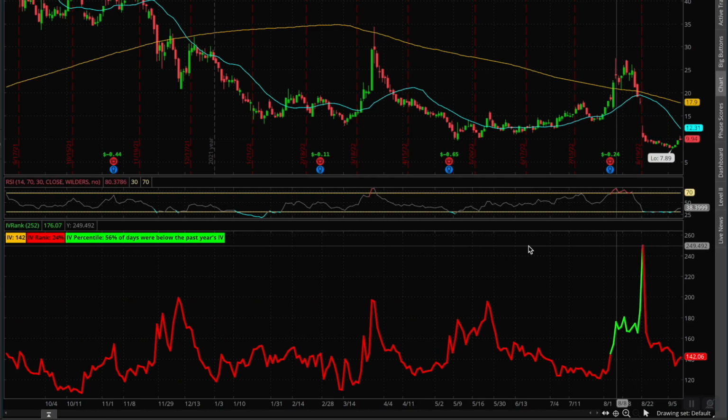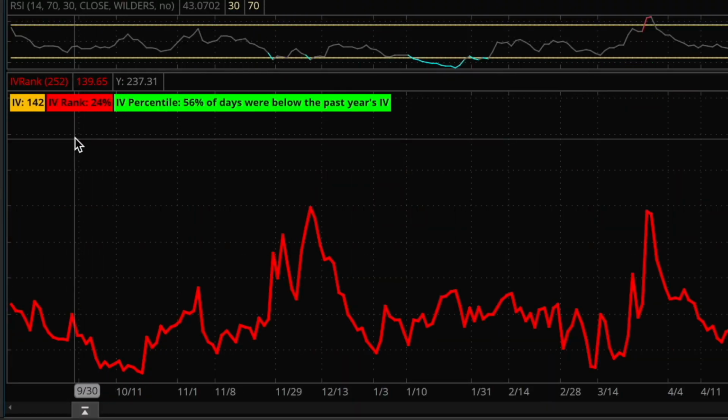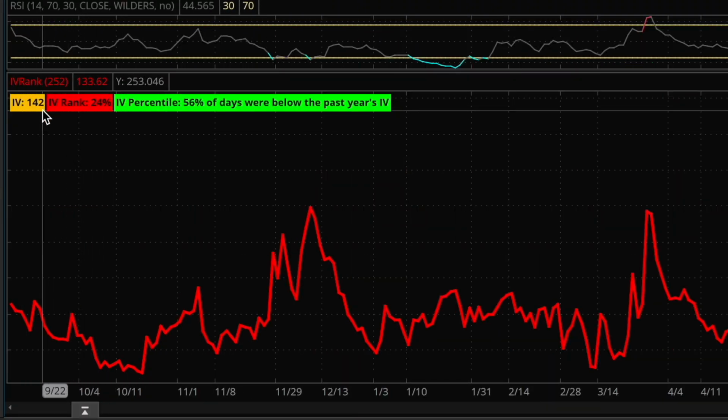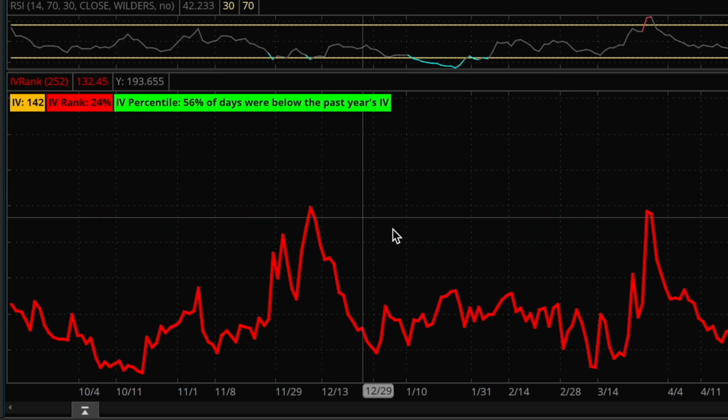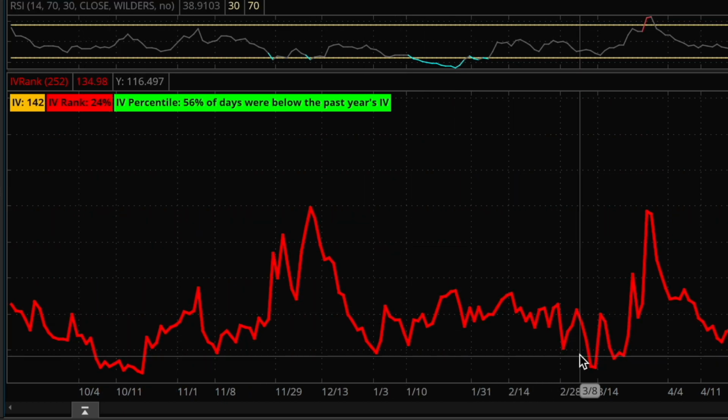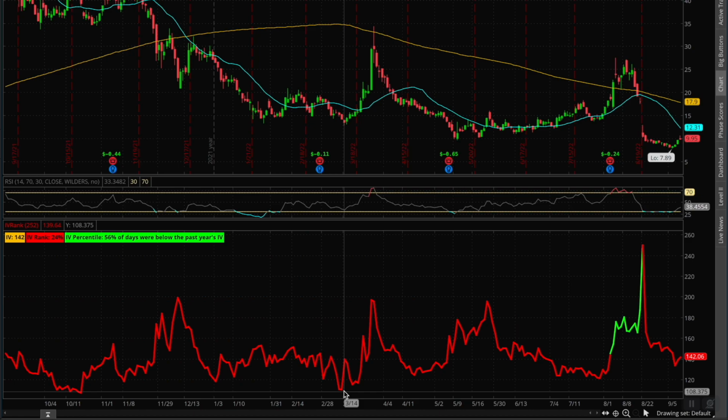So bottom line, an IV rank value of 24% right now means the current implied volatility is pretty close to the lowest point it's been in the past 1 year. And you can definitely confirm that just by visually looking at this chart as well, right? Here's the current implied volatility at 142%. And yes, indeed, it's definitely much closer to the lowest point in the past year than the highest point.